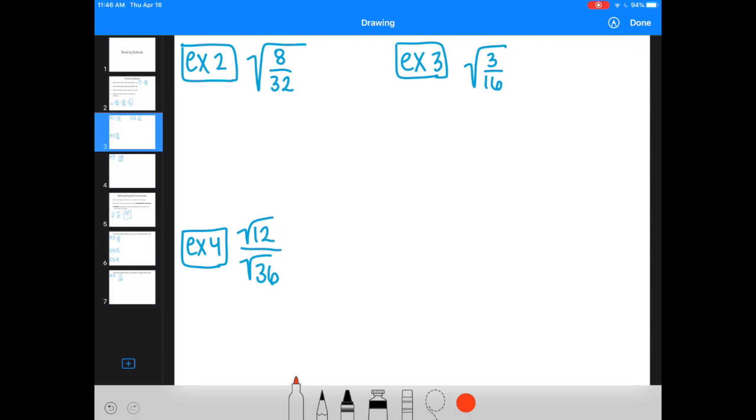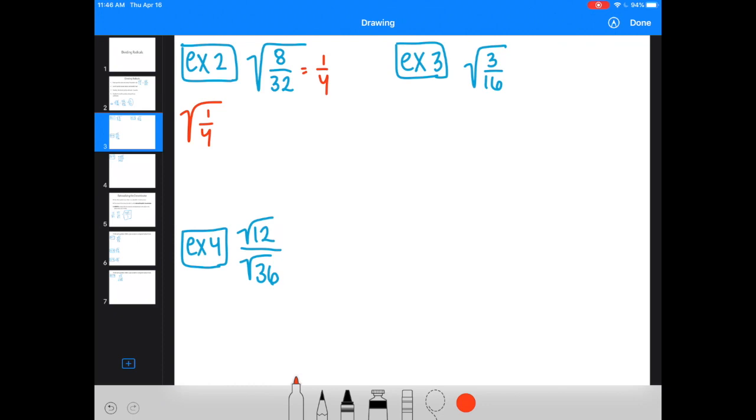Is 8 over 32, can that be simplified? The answer is yes. So if I just had the fraction 8 over 32, that can be simplified down to 1/4. So that would simplify down to the square root of 1/4.